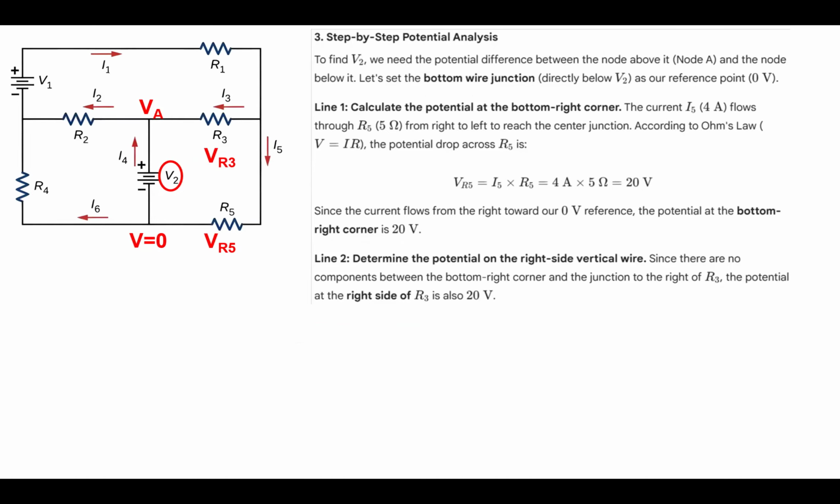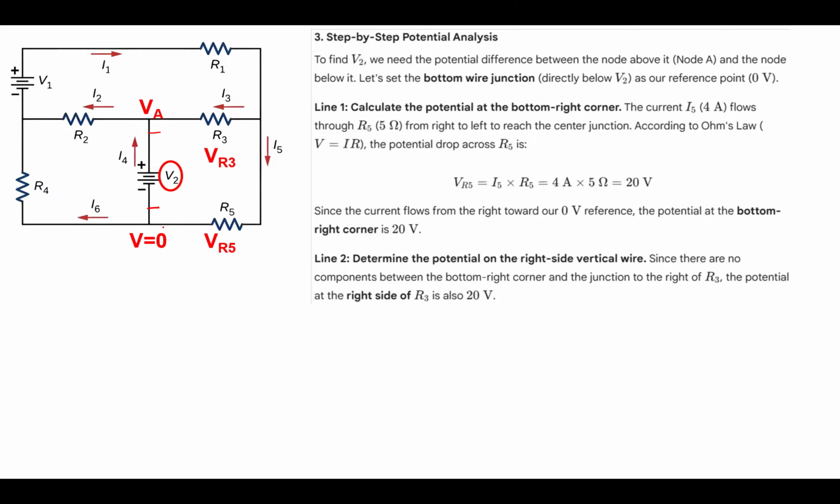And then, this is what we want to find out, V2. We can set an arbitrary value here and then try to find V2. The important thing is that V2 is actually the potential difference from here to there.